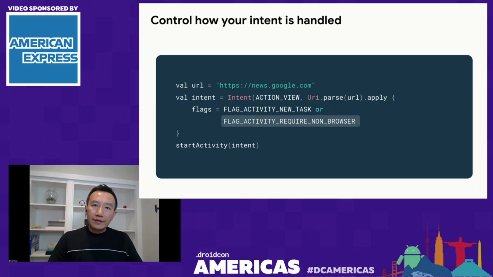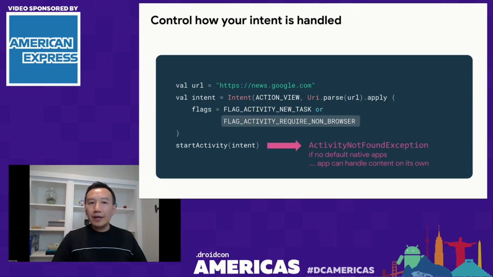On Android 11, there are a couple of new intent flags, one of which is FLAG_ACTIVITY_REQUIRE_NON_BROWSER. It ensures that the intent is only handled by a default native application. Now, if no default application is available, it will result in an ActivityNotFoundException. In the exception handler, you can choose to take over handling the intent.